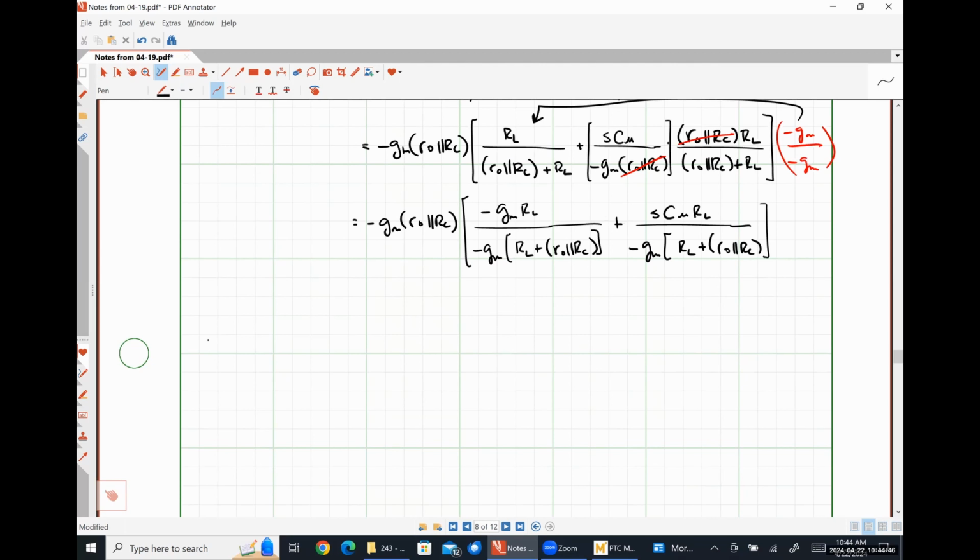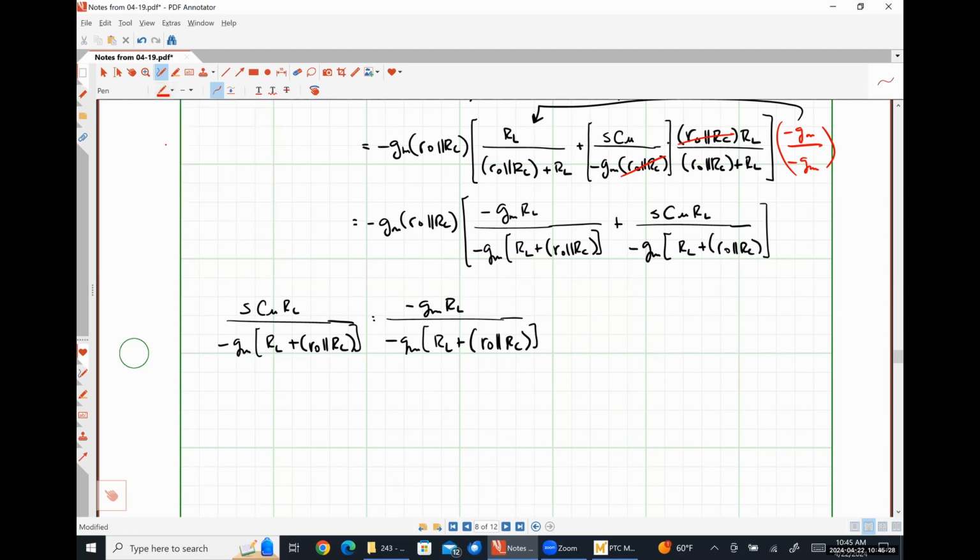So we would have S times C mu RL divided by negative GM times RL plus R naught in parallel with RC is equal to negative GM RL divided by negative GM RL plus R naught in parallel with RC.